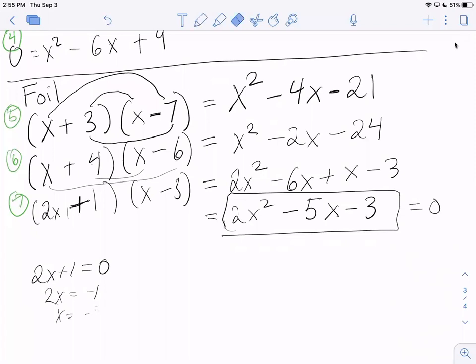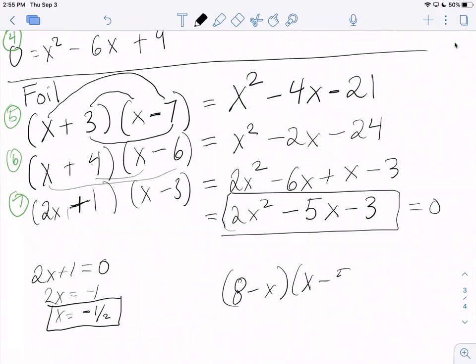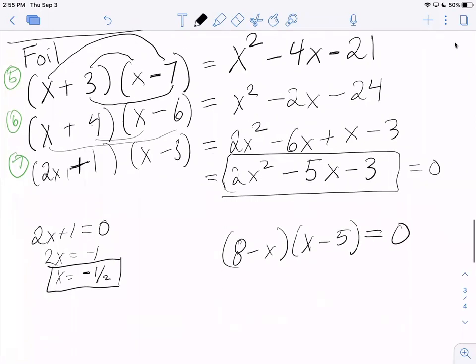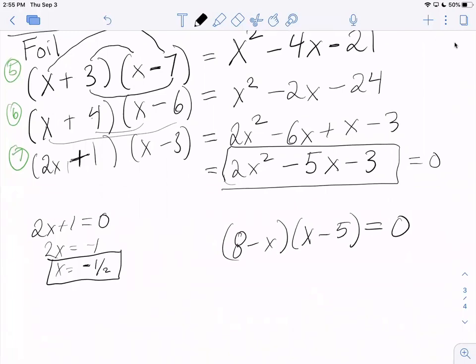So there's all sorts of weird ways that you can kind of trick somebody up if they just think about the rule, oh, whatever thing you have in the expression, just change the sign. For example, if I have this expression, 8 minus x times x minus 5 equals 0, if you're just thinking about flipping the sign, you might say, oh, okay, I know this answer. It's going to be x equals 5 and x equals negative 8.